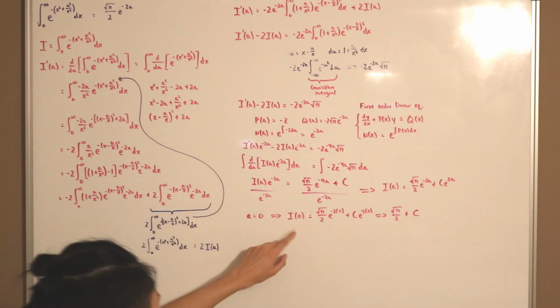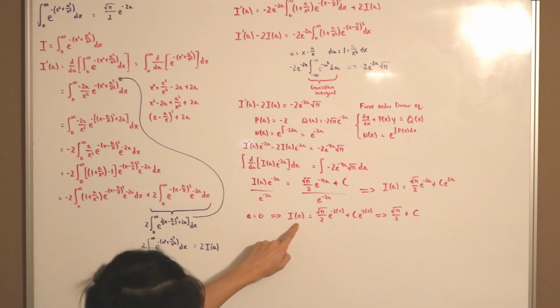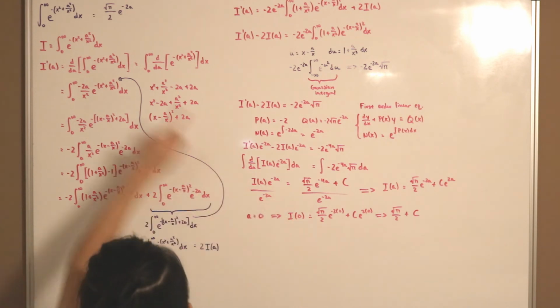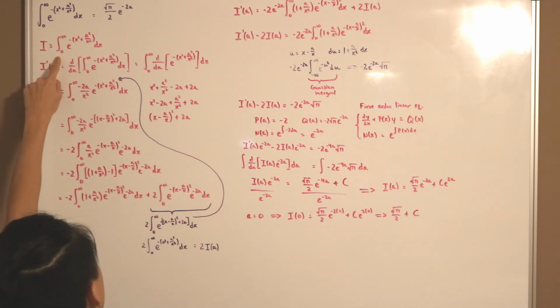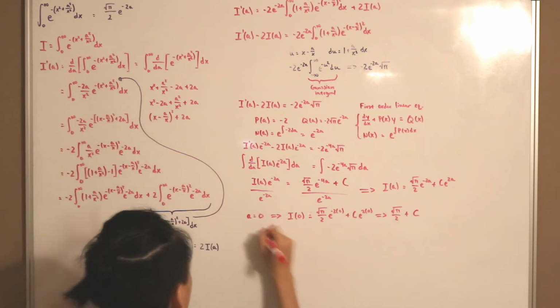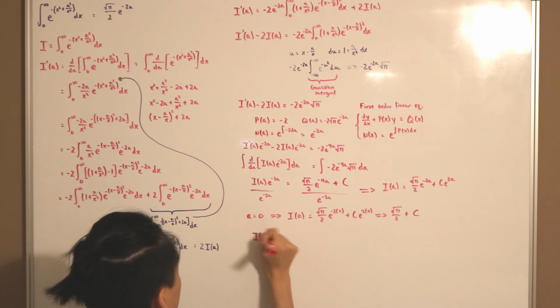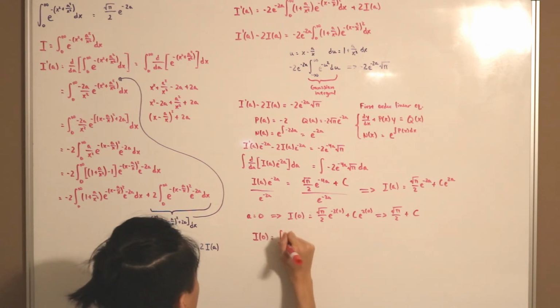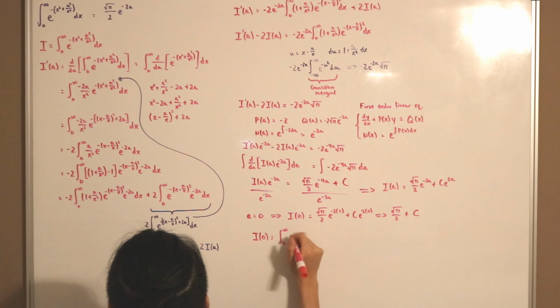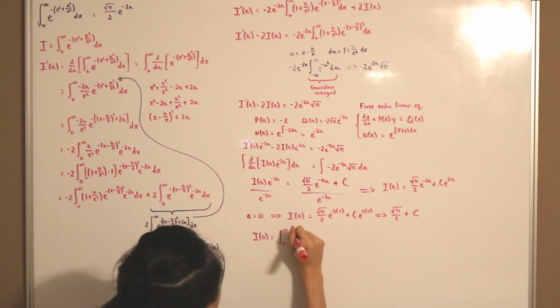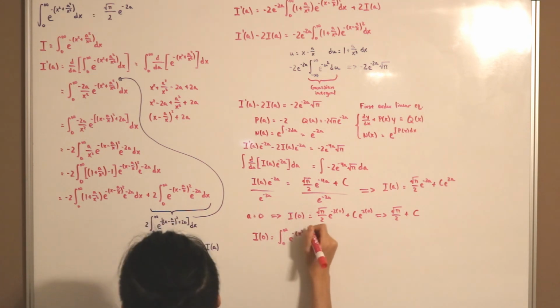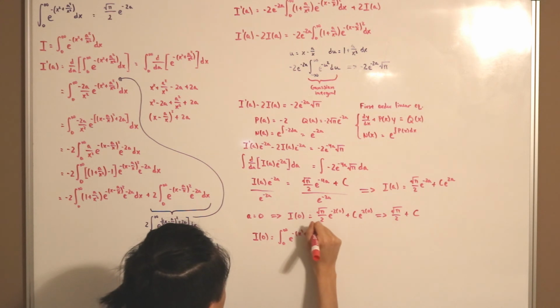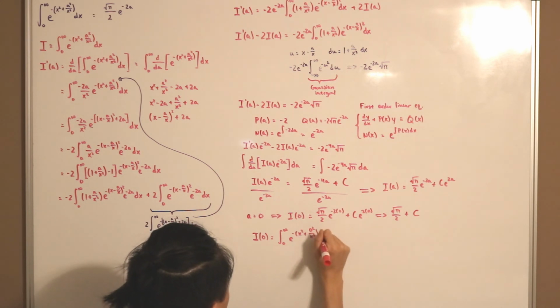And note that when we're plugging in a equal to 0, we're plugging into this equation here in particular. So let me write that I of 0 is equal to the integral from 0 to infinity of e to the negative x squared plus 0 squared divided by x squared, dx.